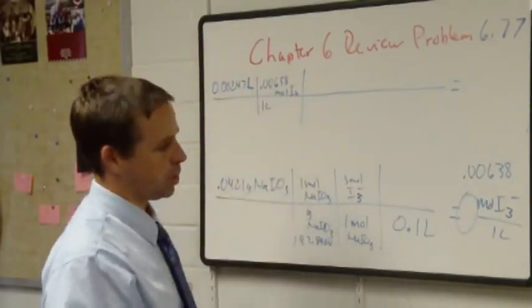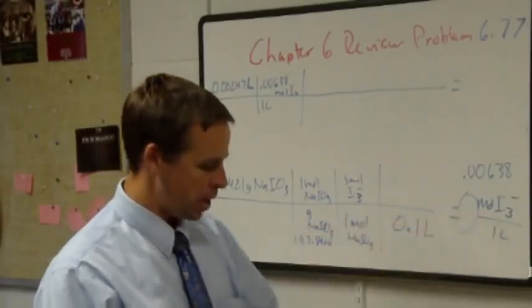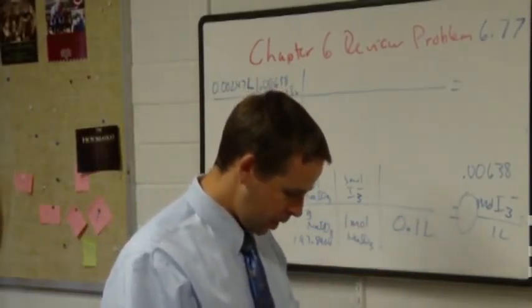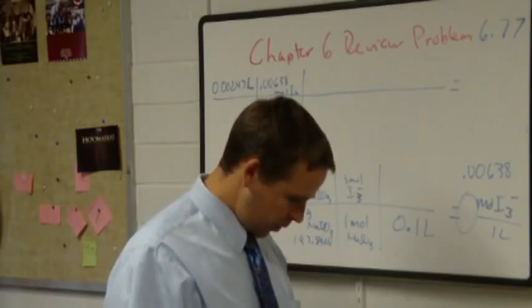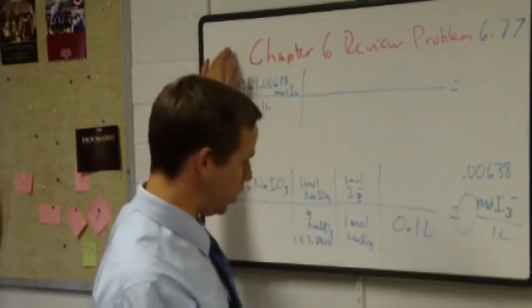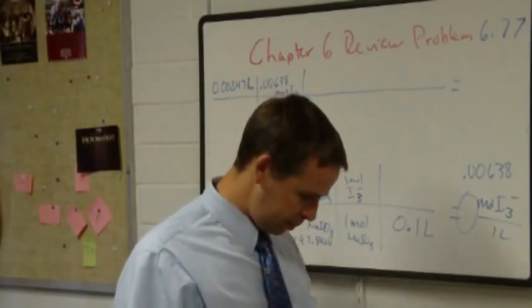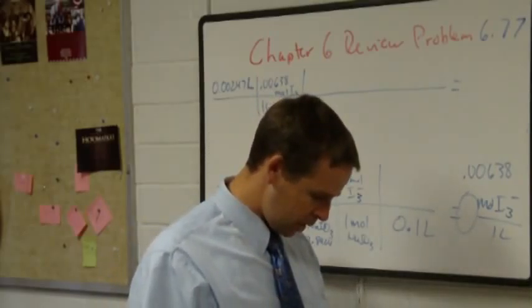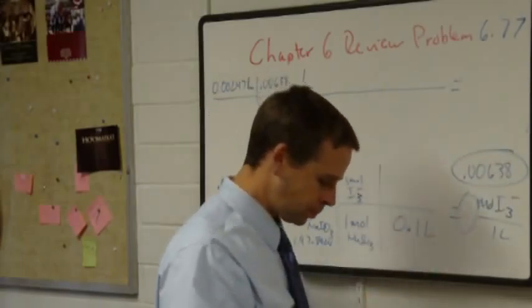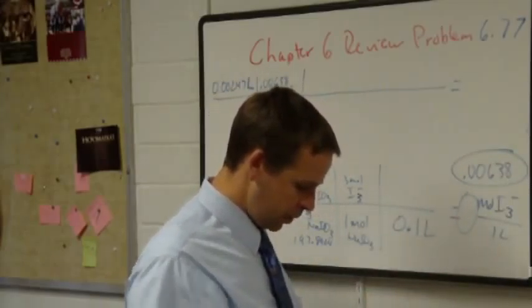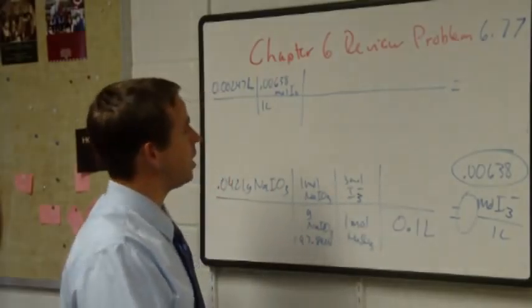This is how many moles per liter of the I3 minus ion there are. Okay? So, a 50 milliliter sample required, again, 0.00247 liters. What's the molarity of the iodine in the standard solution? That's this one here. How many grams of SO2 were in the wine sample?